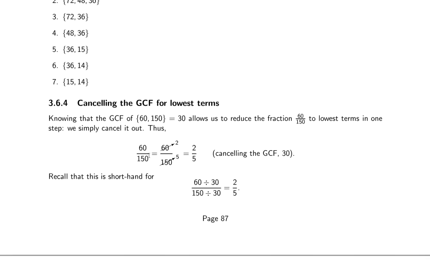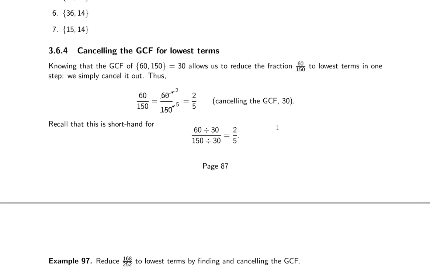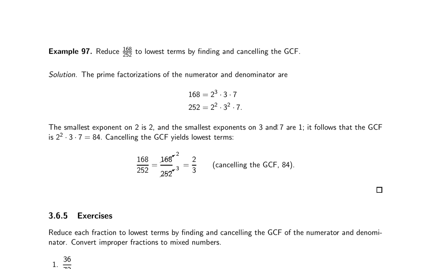And again, if you're trying to reduce a fraction to lowest terms, then work out the greatest common factor. Here it's 30, and divide the top by 30, divide the bottom by 30 to get it into lowest terms. Here's a nasty looking example, but it reduces to 2/3 once you cancel the common factors.